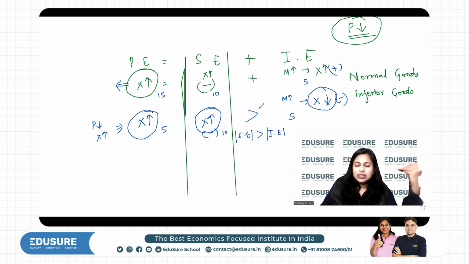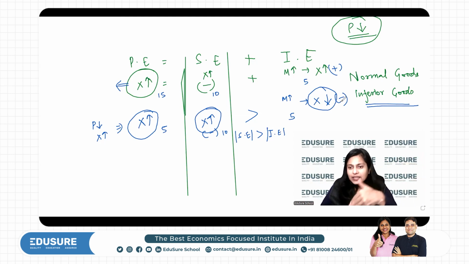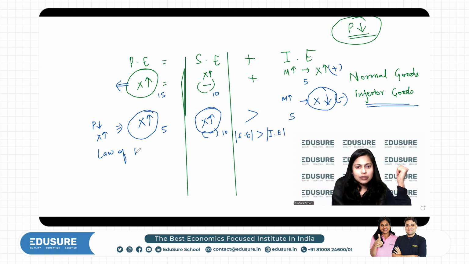So it pulls the quantity of X in its direction, which is increase. So inferior goods have a property that not only is the income effect negative, but the price effect is also negative, which means when P falls, X rises, and when P rises, X falls. So the law of demand holds. Okay, so that is something that we can remember, that for inferior goods, the law of demand holds.